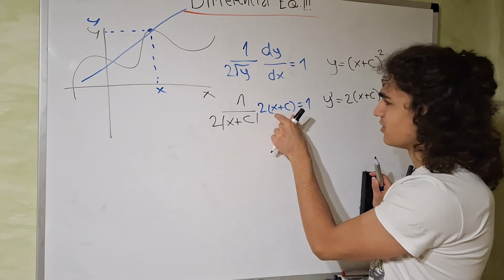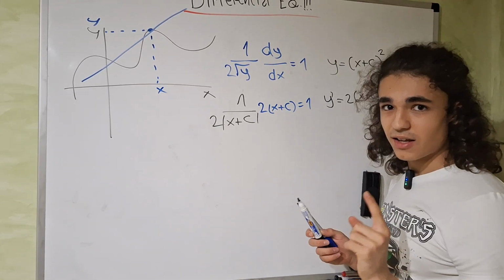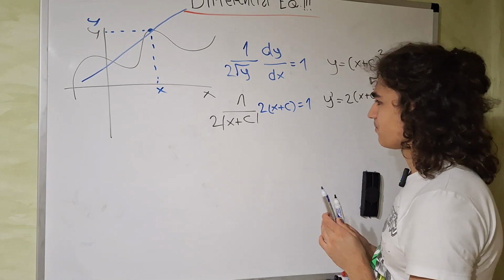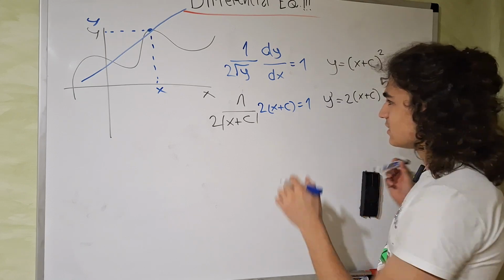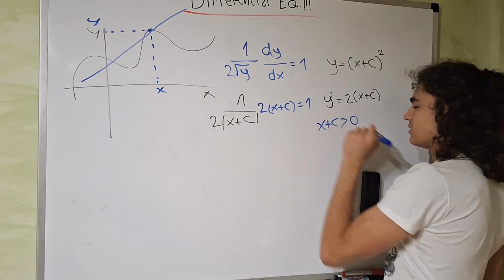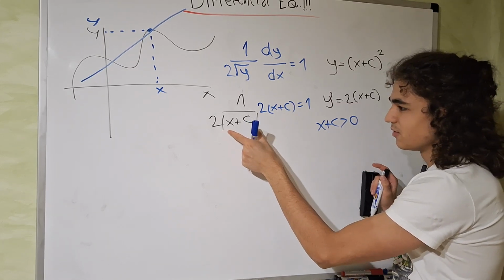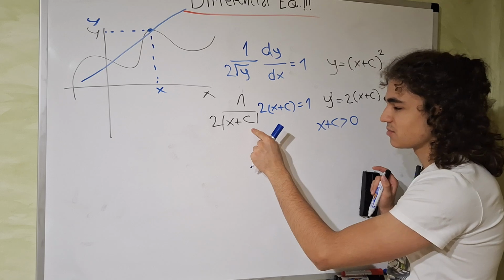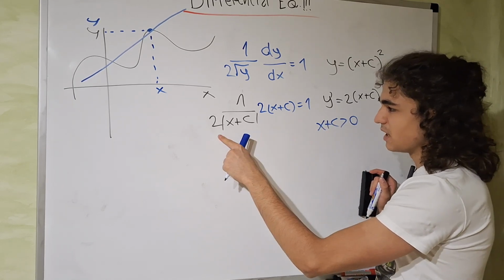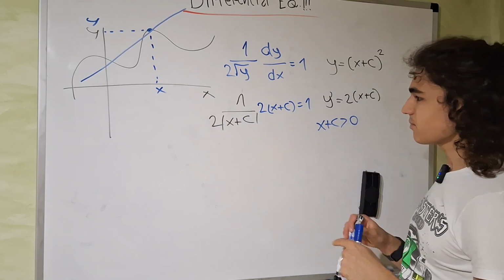Here we have an absolute value, here we have normal parentheses. So we can, but only if it satisfies a condition. The condition is that x plus c must be greater than 0, because if this is greater than 0, then the absolute value tells us that this is simply x plus c, whereas if this were negative, then it would have been minus x plus c.